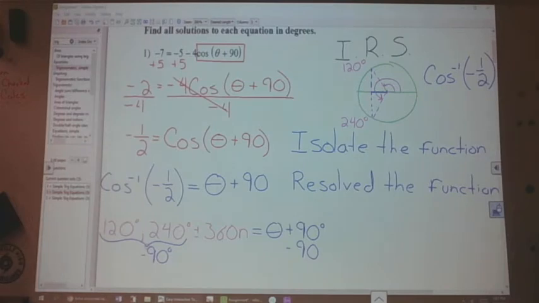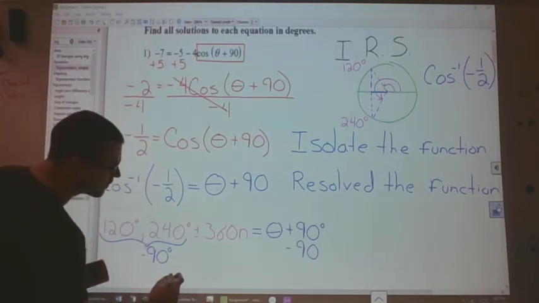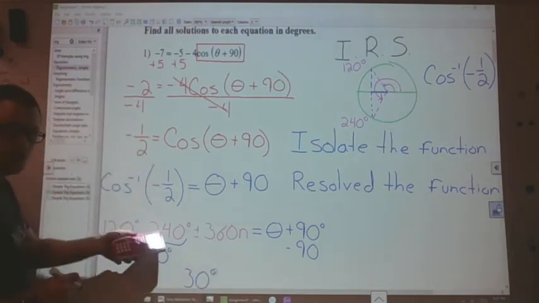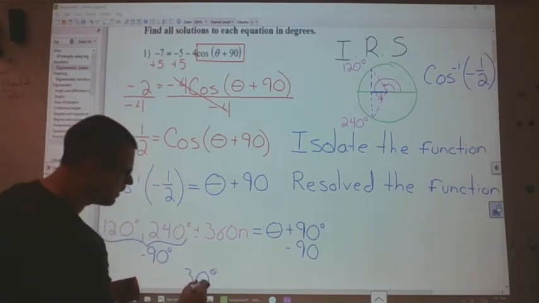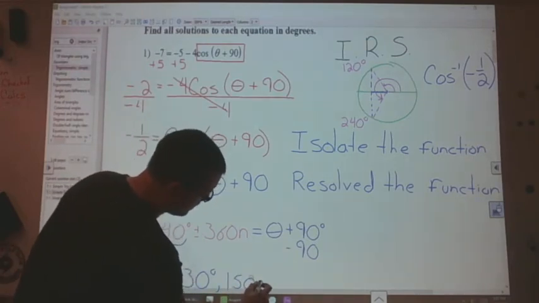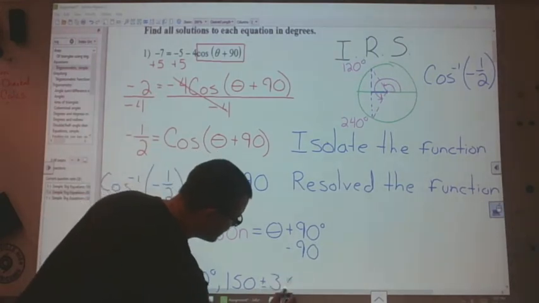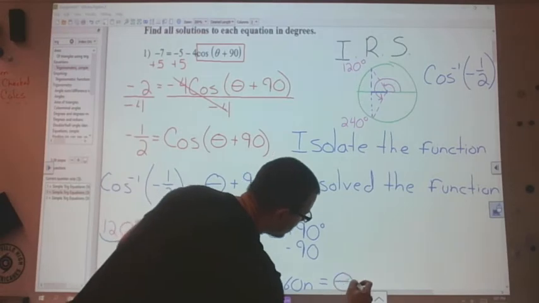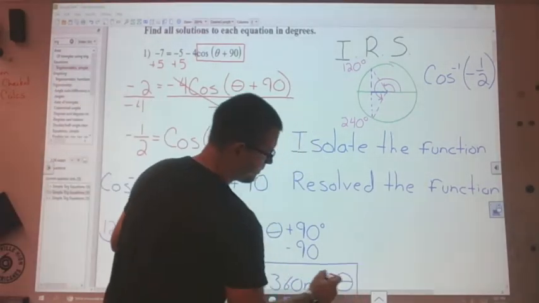So I do 120 minus 90 is 30 degrees. 240 minus 90 is 150 degrees. Plus or minus the period, 360 n times, is equal to theta. Okay.